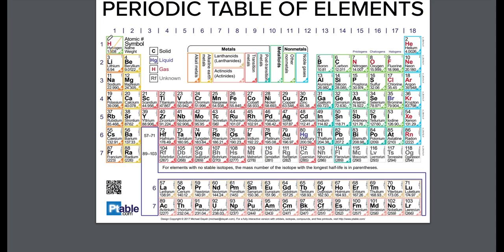Everything in group 1, with the exception of hydrogen, of course, has a positive 1, and everything in group 2 has a positive 2. So for anything from these two groups in the periodic table, you should be able to tell the oxidation number of that cation.